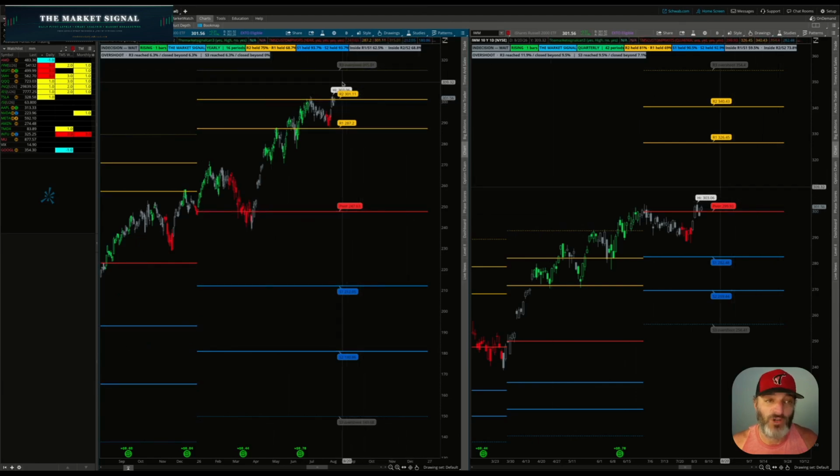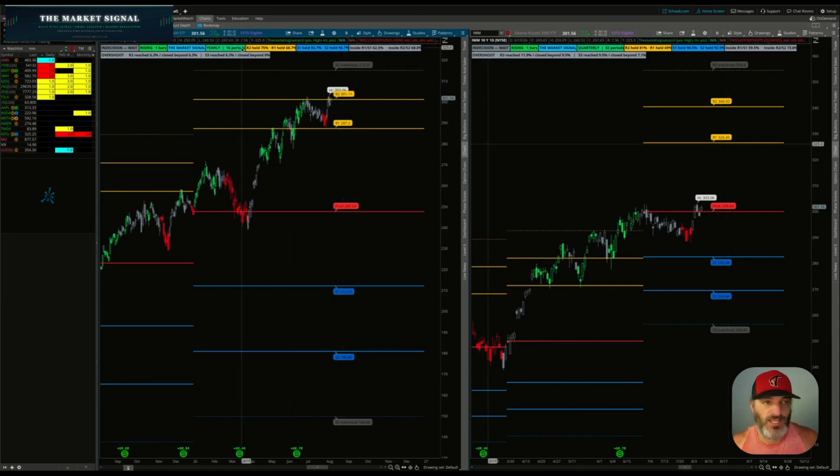We have never, write this down, take a picture. We have never in 16 years closed above this level, the R3 overshoot on IWM. That's not me saying that. That is the stats telling me because it goes back and looks at all this. And last year's R3 was 284.22. We didn't close above that.